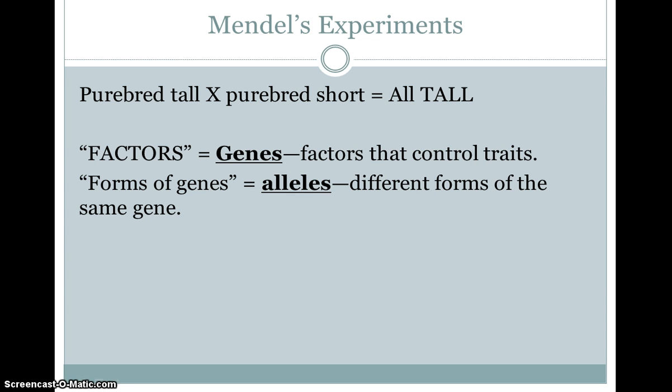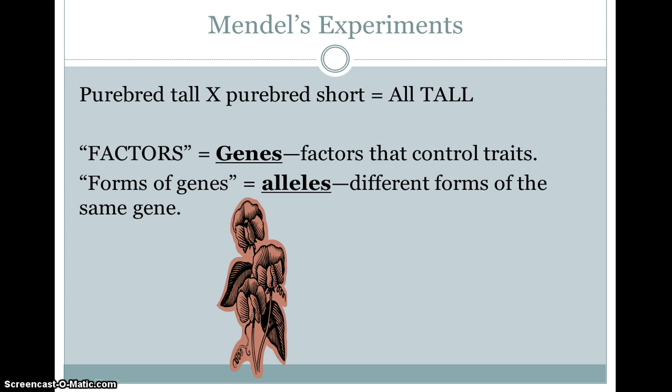He also had determined that there were different forms of genes. We now call those alleles, which are defined as different forms of the same gene. So basically what Mendel studied in his experiment were tall forms of genes, or tall alleles, and short forms of genes, which are short alleles.